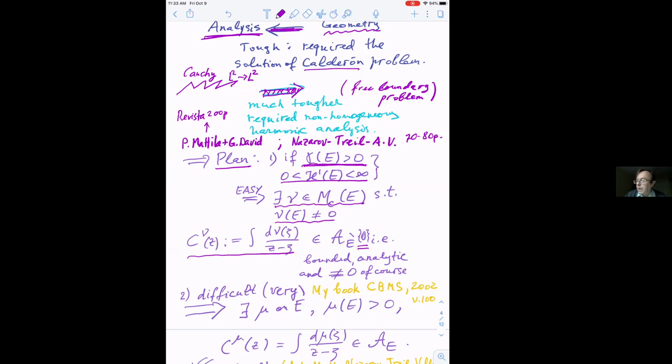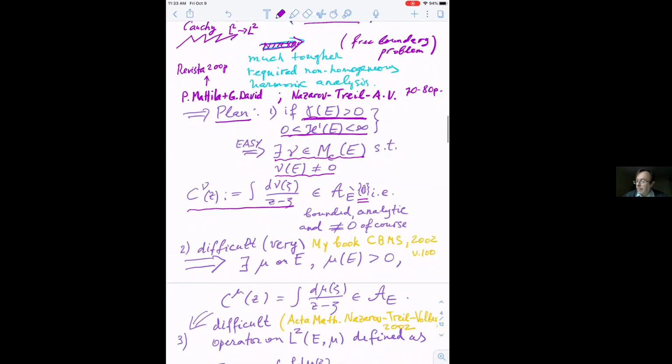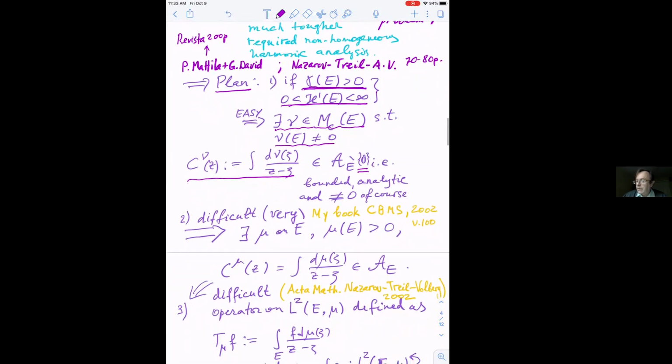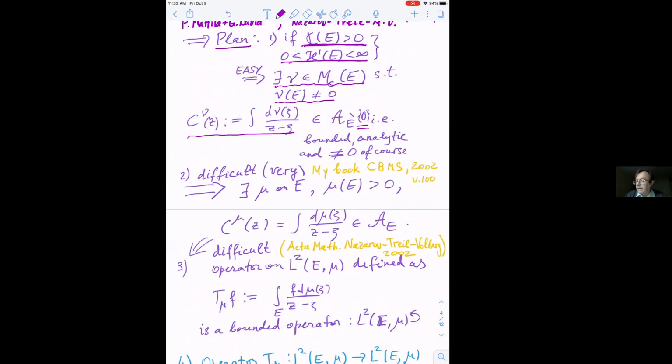If you have this part of analysis, then you can construct a complex measure with the property that its Cauchy transform is bounded, but it's not trivial. It's not zero. So it's a very easy step. Well, the second step sounds like something really strange. Given that you have a complex measure such that the Cauchy transform is bounded and not identically zero, you have to prove that there exists a positive measure.